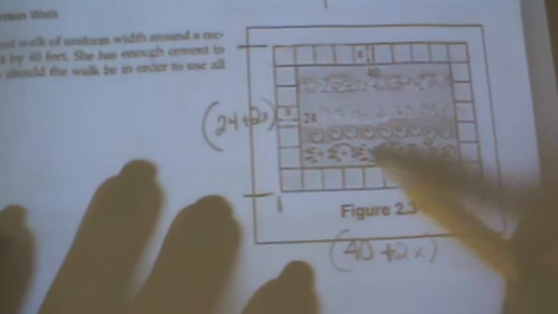So what's this measurement from here to here? If this is 24, and this is X, and this is X, what's it from here to here? This is 24 plus 2X. So now, how do you do area? Area, if I were to cement this whole thing, it's this times this, right? So in other words, (24 plus 2X) times (40 plus 2X), that's gonna cement the whole thing.